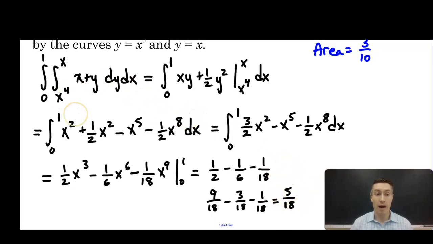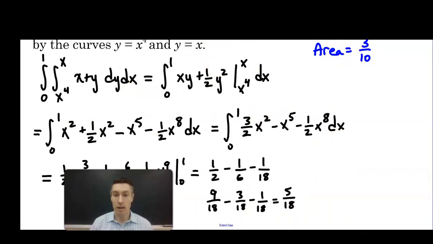Okay, so we have the value of this double integral, we have the area, so then the average value, I'll use this space right here. So the average value, let's use a different color, use blue, so the average value is 1 over the area, so 3 over 10, times the value of that double integral, which is 5 over 18.